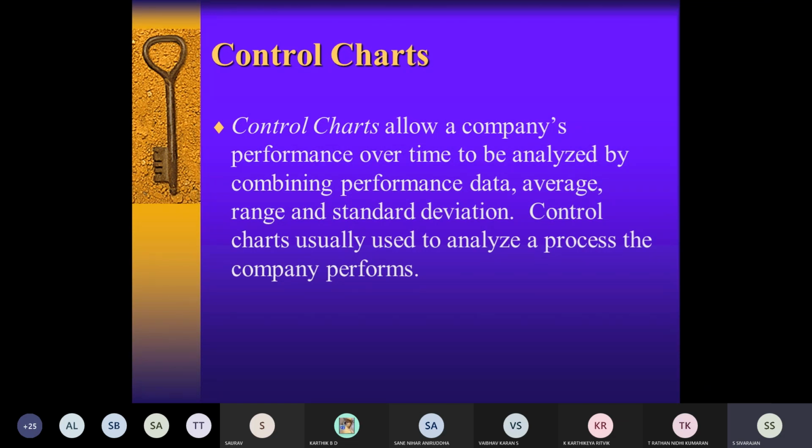So we are collecting the data. Next, we have to tabulate the data and then analyze it, using various statistical techniques. Then we are going to interpret it, and finally present the data. Before going into the control chart, let me start with an example.